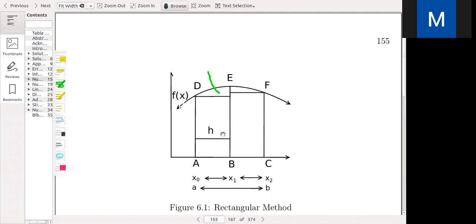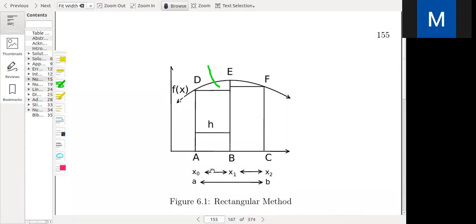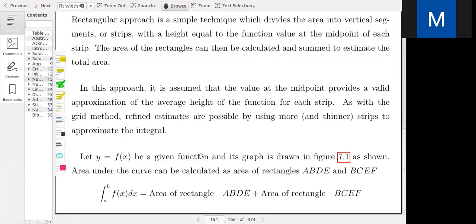If h is the width of the rectangle, or the step size, and the step size is smaller, we will have a good degree of accuracy. But if we take this width not smaller, then we can increase the error or lose the degree of accuracy. So the area under the curve can initially be calculated as the area of rectangles ABDE and BCEF.